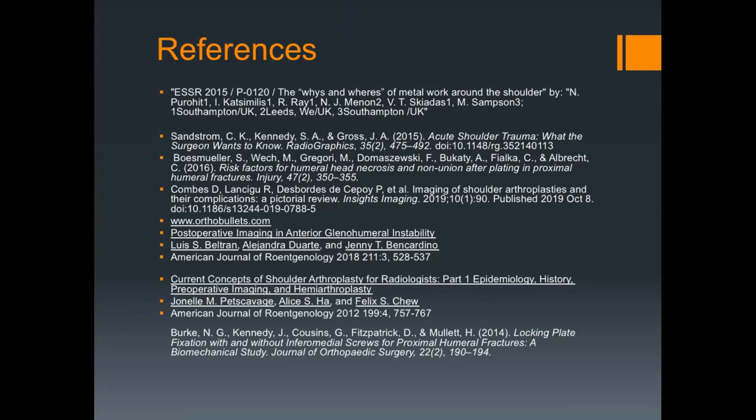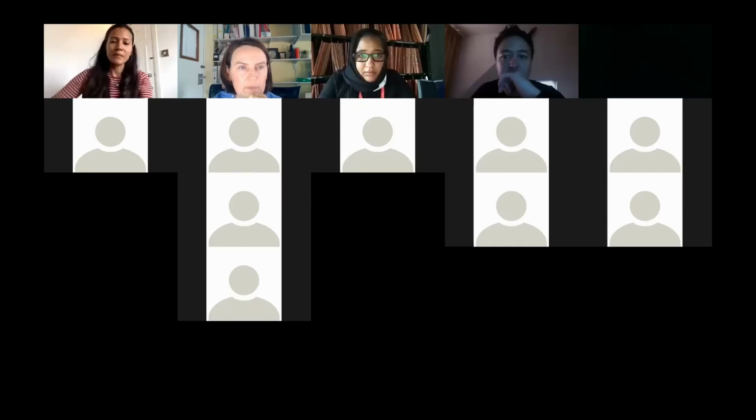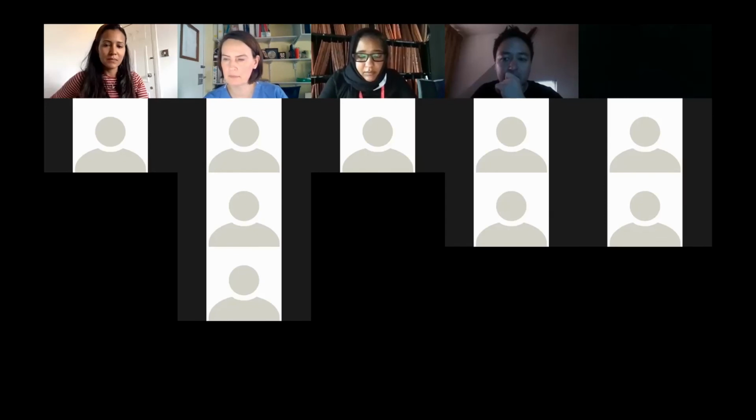From my perspective, I'm not too worried if there's a head split, because the predictors of humeral head ischemia were not that a head split necessarily goes on to AVN, but the humeral head attachment. Is there a significant humeral head attachment?